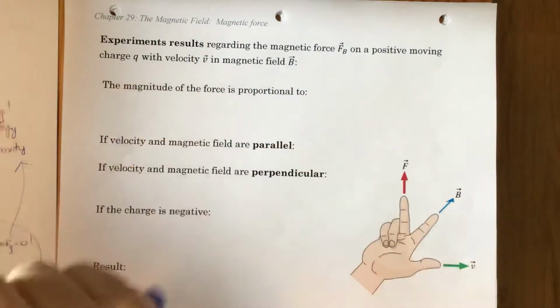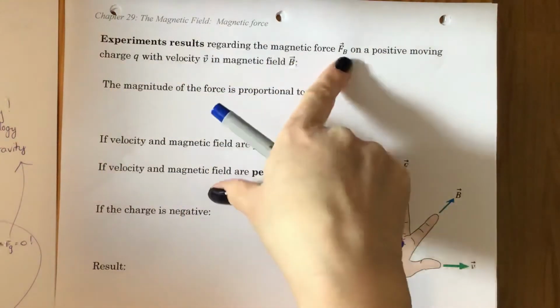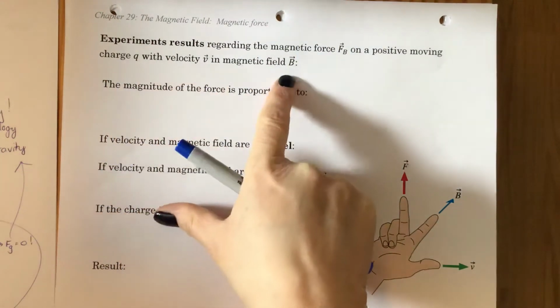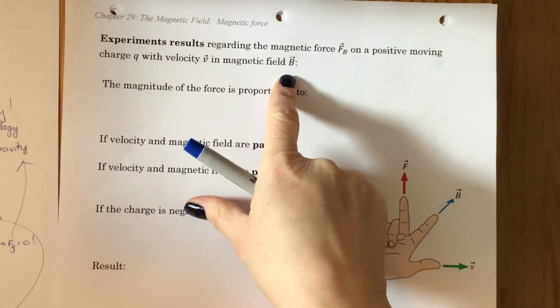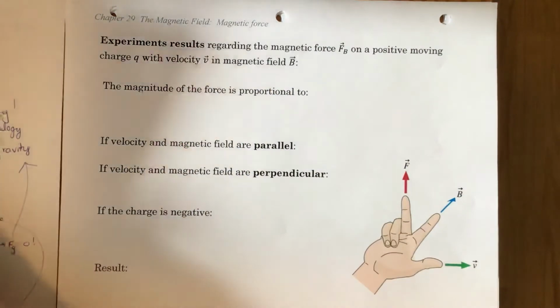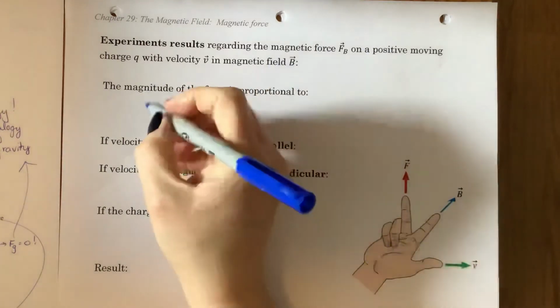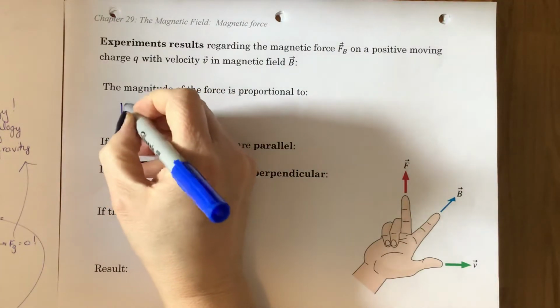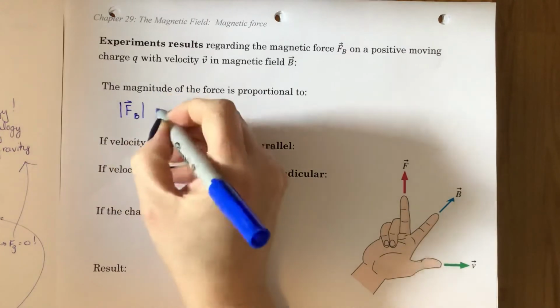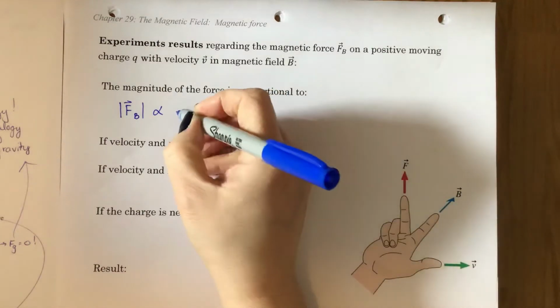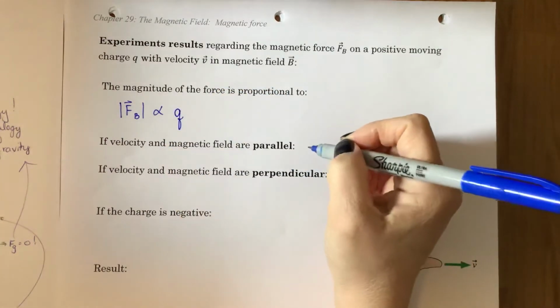If we have a charge Q moving with velocity V in a magnetic field that we label B, doing some different experiments similar to what you did in that motor lab, we can figure out what the magnitude of the magnetic force is proportional to. First of all, it's proportional to the charge. So if we change the amount of charge, we change the size of the force. And if we increase the charge, we get a bigger force.